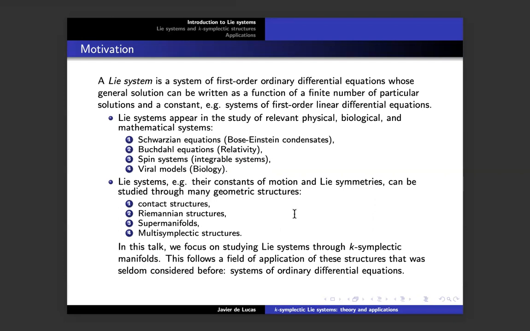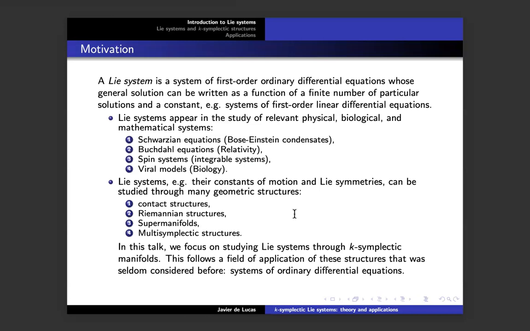This is like what everyone studies in the first year of a degree in mathematics or physics: first-order systems of linear differential equations, the matrix differential equation with constant coefficients. They will notice that the general solution is a linear combination of a finite number of particular solutions with some coefficients that can be anything.